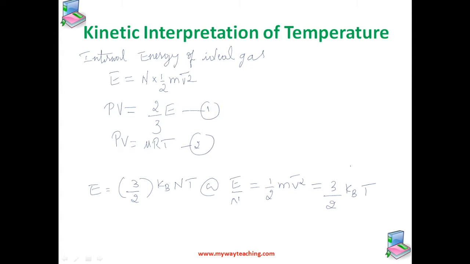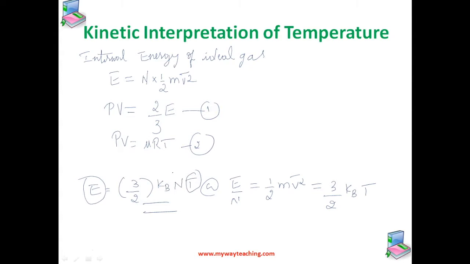As you can see in the equation E is equal to 3 by 2 kB N T, the internal energy of an ideal gas depends only on temperature, isn't it? Not on pressure, and not even on volume.